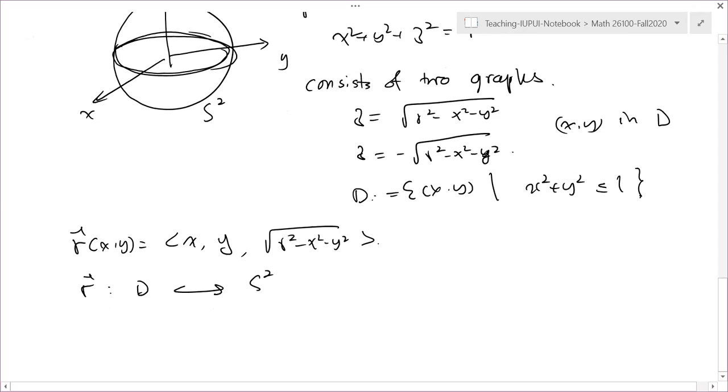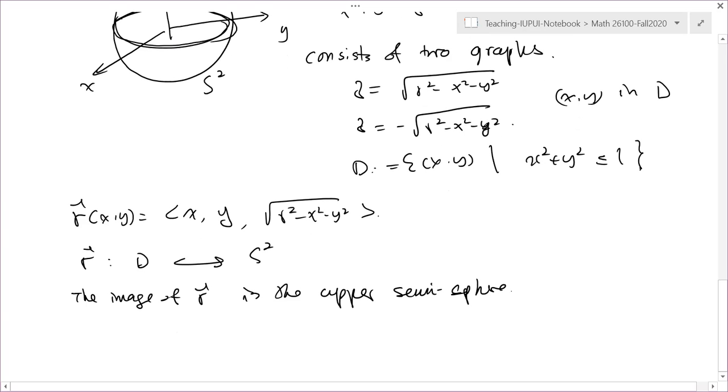And the image is only going to be the upper hemisphere. If you want, you can find another one so that the image is the lower hemisphere.